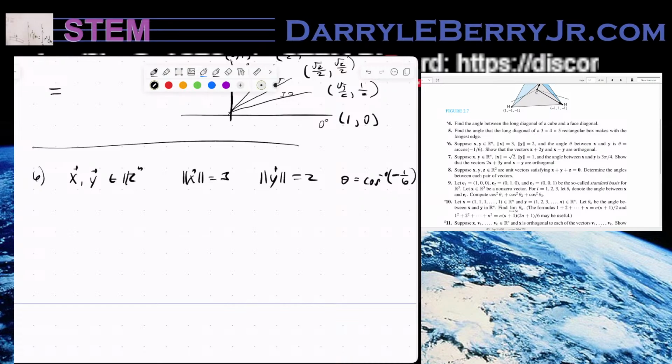It's interesting. It should be exactly what we had in the last problem, except it's a negative value.